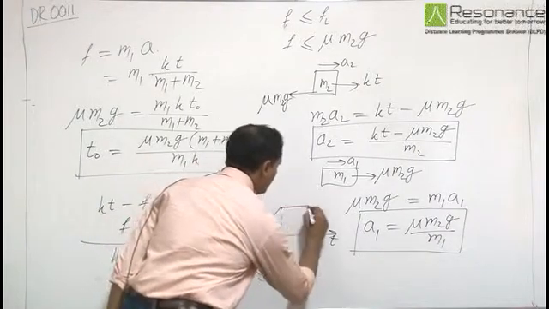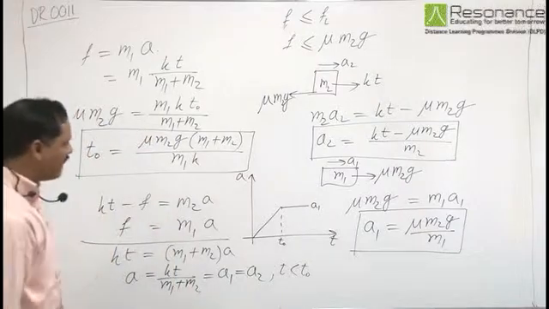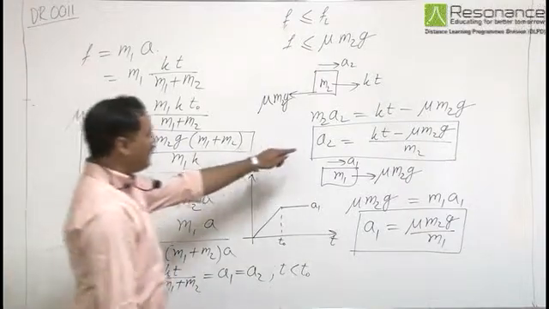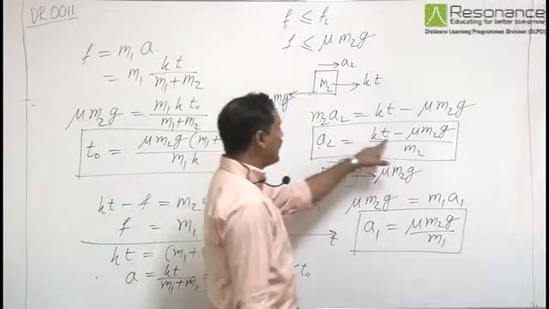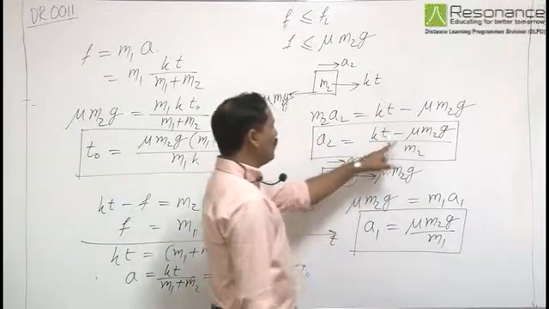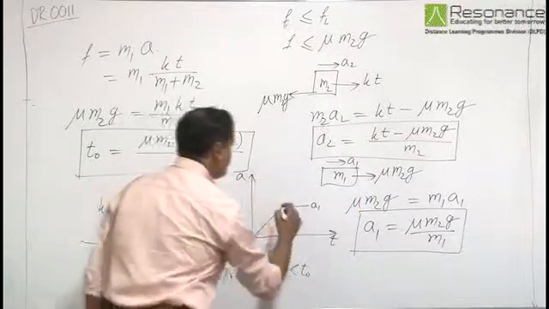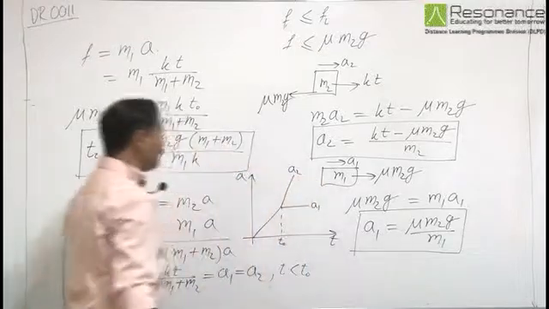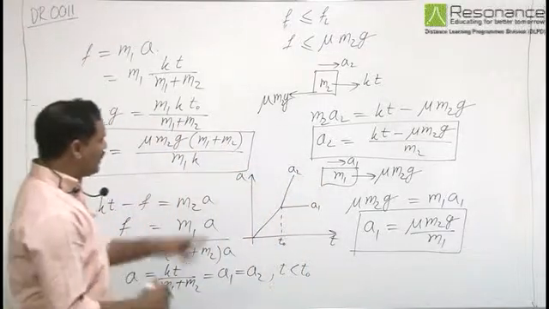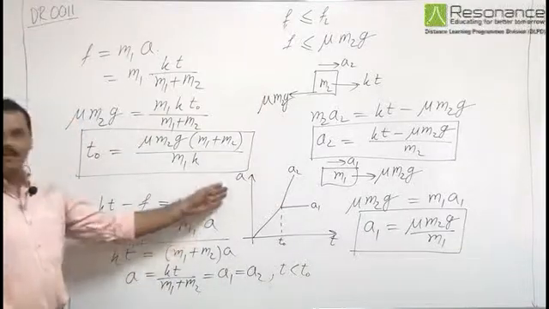After time t0, the acceleration a1 of the plank is constant, and after time t0, the acceleration a2 is again a straight line, a linear function of time with some constant. So this will be a2. The acceleration versus time plot of the given process is somewhat like this.